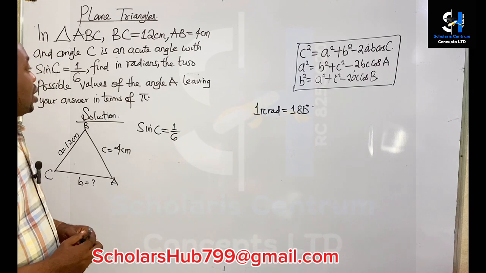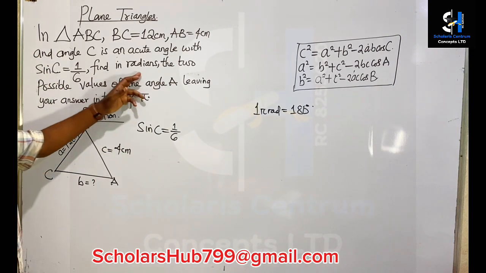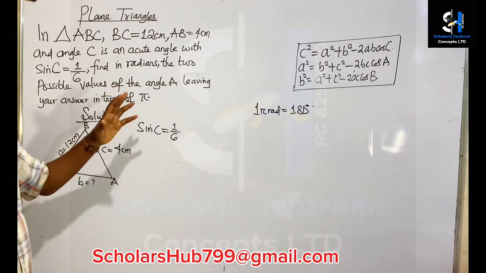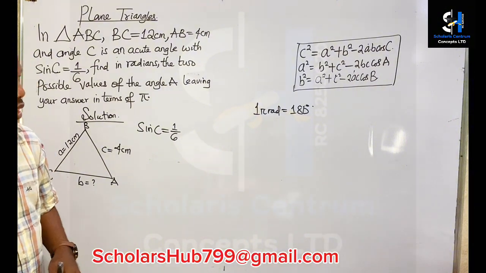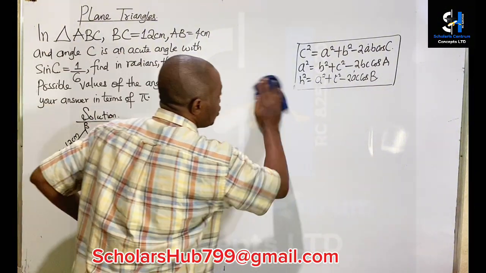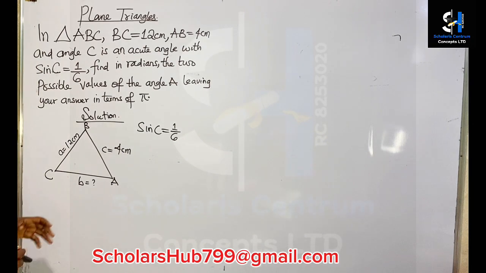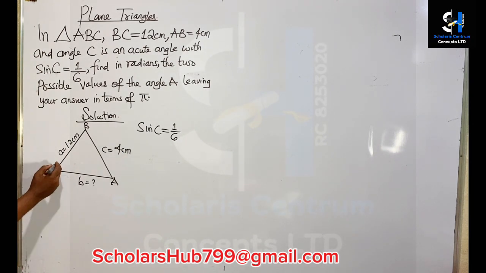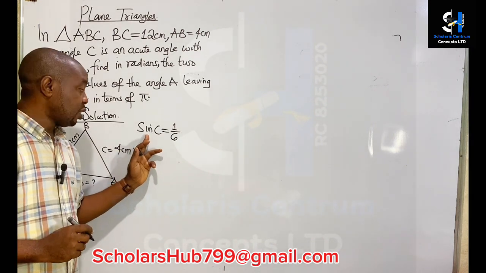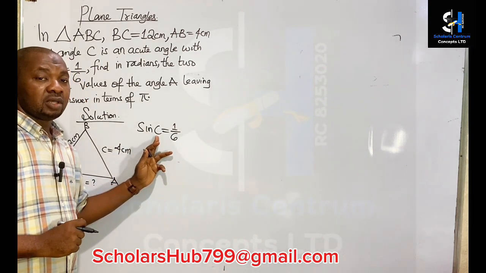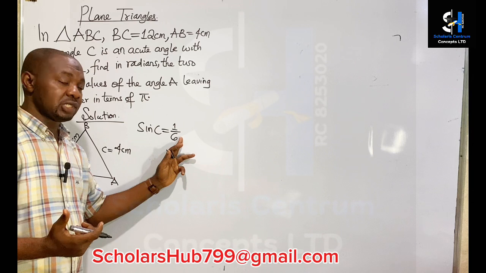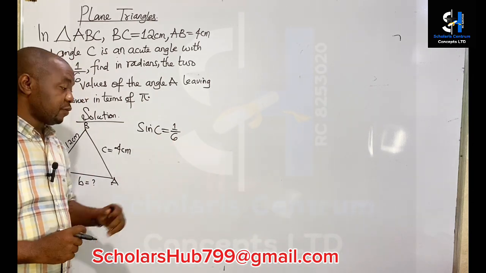Because we want to find in radians the two possible values of A, let's see how we can do that. The first thing we're going to do is find angle C, because we can get its value from here. When we take the arcsine of 1/6, then we'll get the value of C.